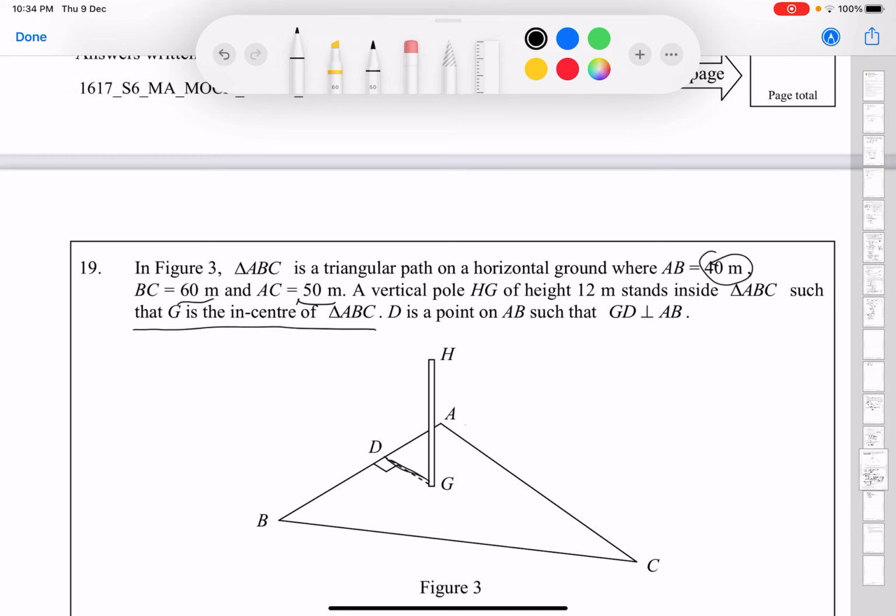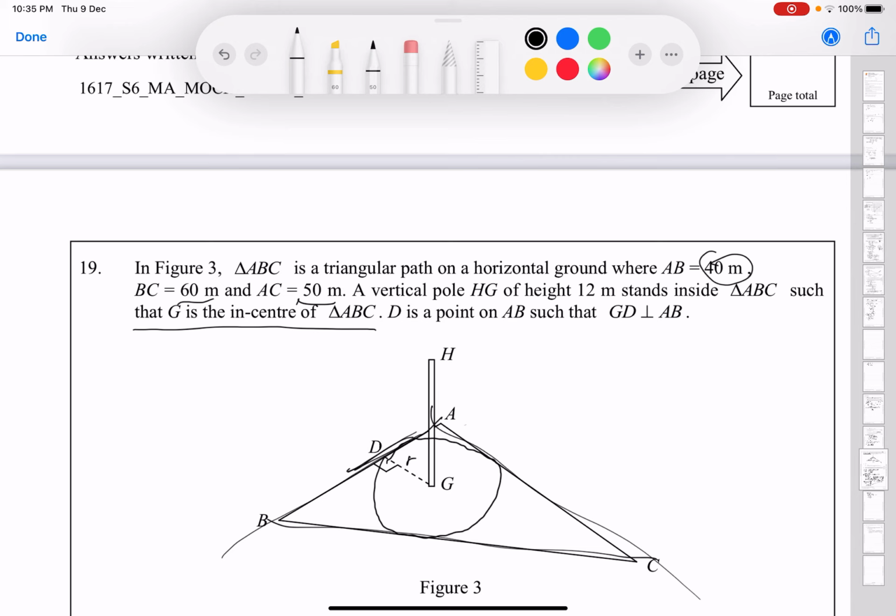G is the incenter of ABC. Means that if you draw a circle right here, sorry for the ugly drawing again, AB, AC, and BC will all be tangent to this circle. So DG will be the radius.